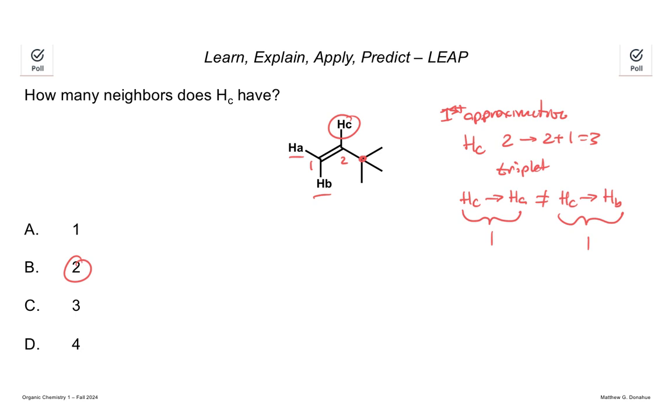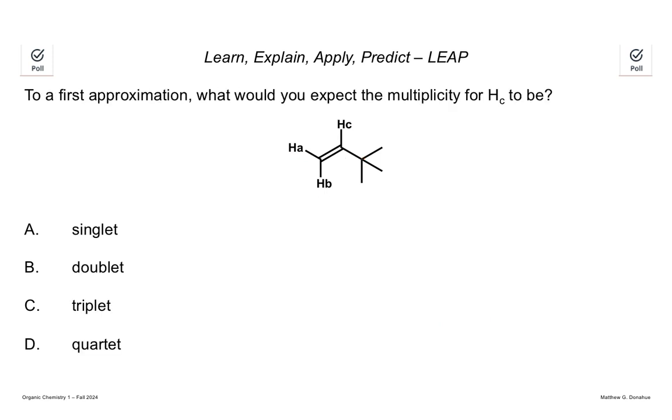We would say, okay, there's going to be a doublet and a doublet. So rather than having a triplet, HC is going to be called a doublet of doublets, because the magnitude of the coupling constant J is different for those relationships. So again, in our first approximation, we would say HC is a triplet.